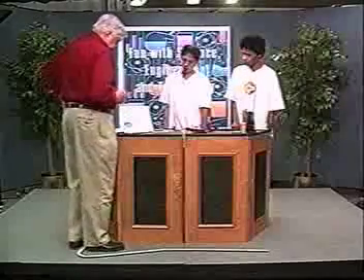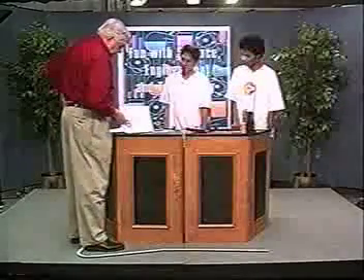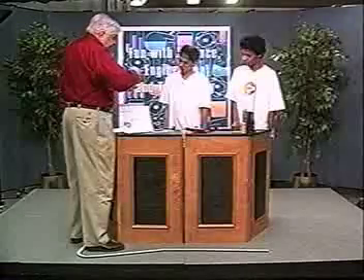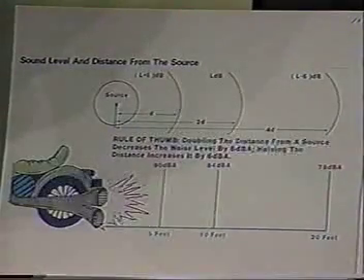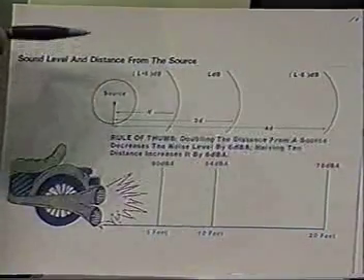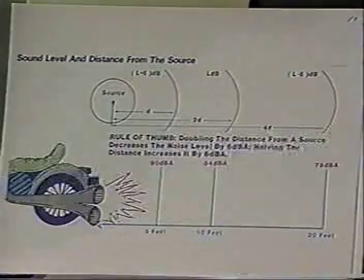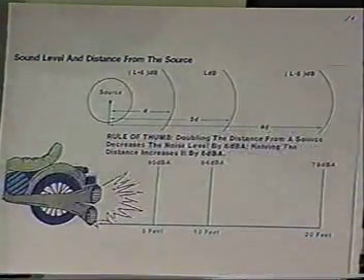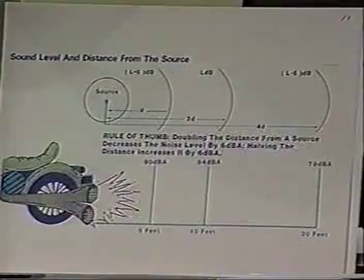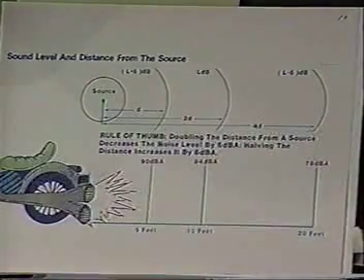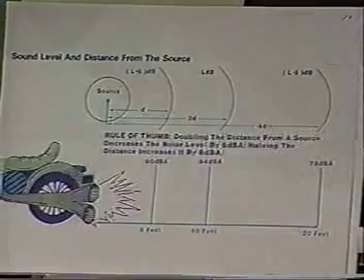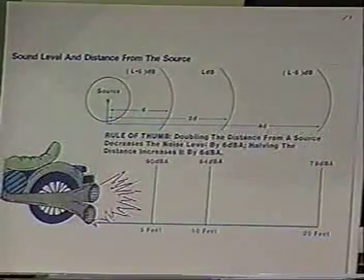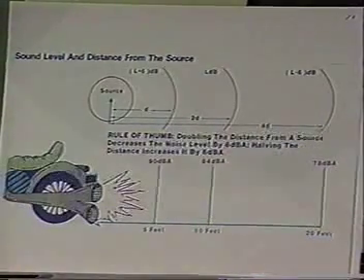The way this works is every time we double the distance from the sound source, we decrease the sound level by 6 dB. In other words, it's cut in half, and it's cut in half again, right? Because if we decrease it by only 3 dB, we cut the sound level in half. If we decrease it by 6 dB, we cut it down by 1/4.